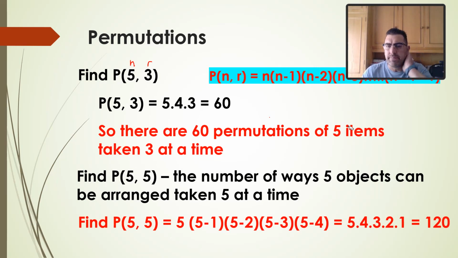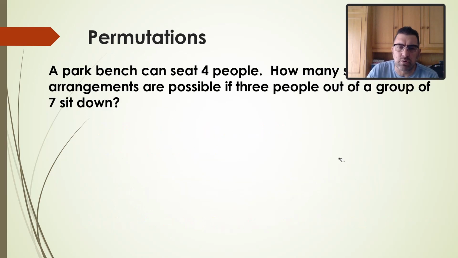Now remember, here you have 5 objects and you want them to be arranged in different ways, taking 5 every time. Taken 5 at a time. Because it's an arrangement, permutations are arrangements, we have that as 5 factorial.